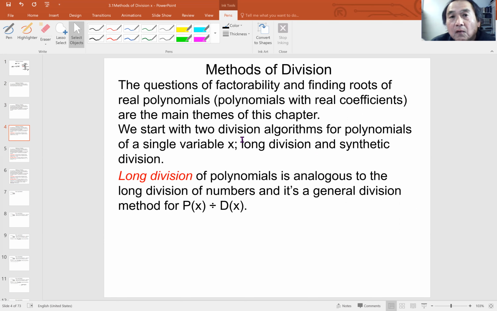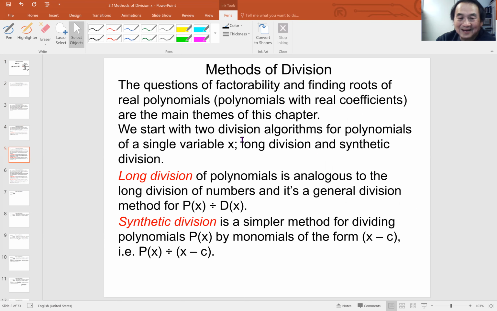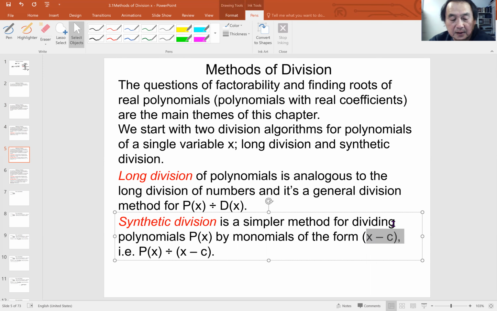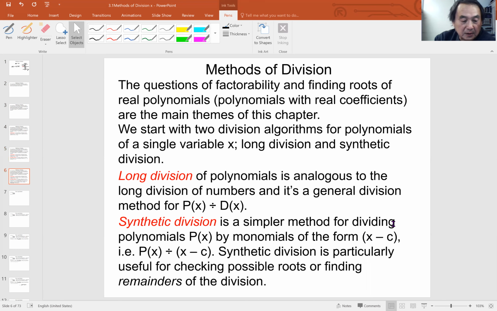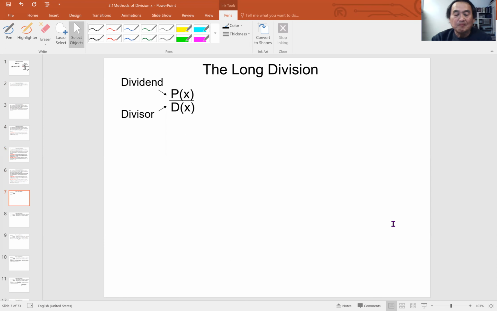The way we divide formulas, we call the long division of polynomials. Later on there's a short method called synthetic division, which is dividing by a particular very simple form of polynomial, and which will be useful for us later. So let's get into long division.